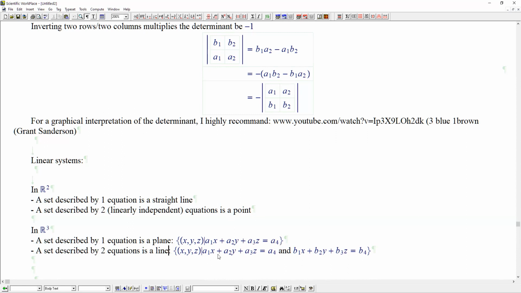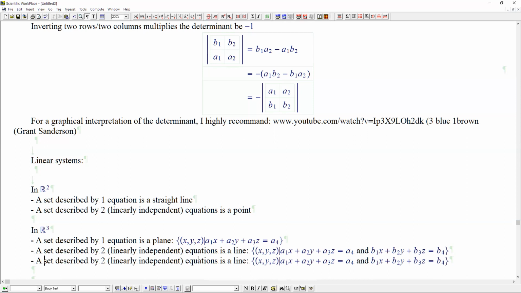Here, if I have 2 planes, by 2 linearly independent equations, then they're going to intersect at some point, and this intersection is actually just a straight line. And then if I have a set described by 3 linearly independent equations, what is it?